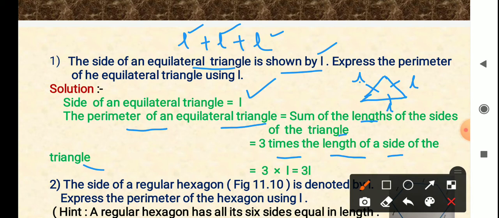L plus L plus L means 3L. 3 times L, how to write it? 3 multiplied by L, so we get 3L. So that is the perimeter of an equilateral triangle. You form the rule for the perimeter of an equilateral triangle. See students, here we get the rule for the perimeter of an equilateral triangle by using a variable.